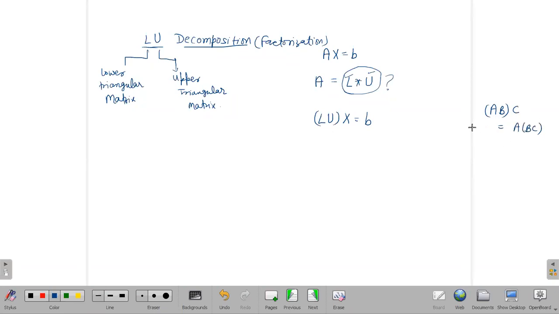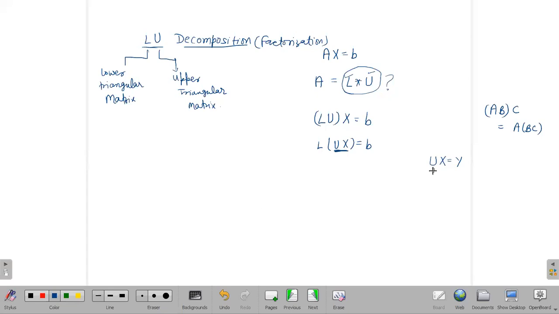So you can use this here also: L into UX is equal to B. The entries of U are known to you, but X is unknown. So let us write UX is equal to Y.